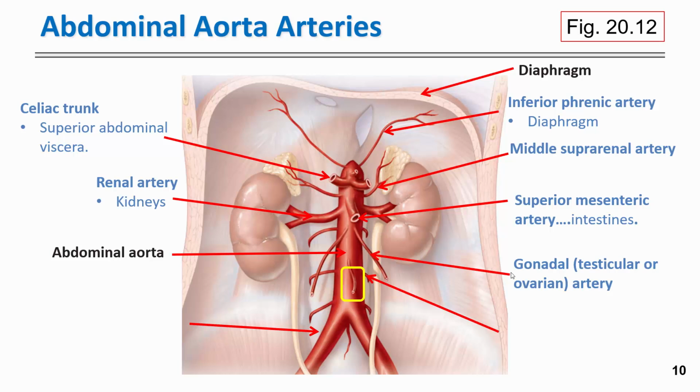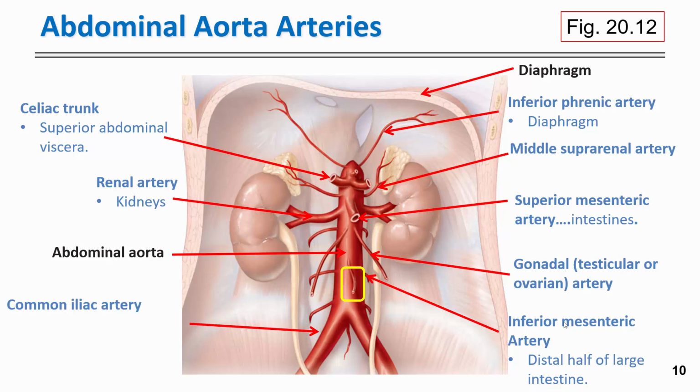Further branches, as you can see here, we have the gonadal artery, which supplies oxygenated blood to the reproductive organs. The inferior mesenteric artery, being a small branch, as you can see illustrated as we move more inferior along the abdominal aorta, supplies oxygenated blood to the distal half of the large intestine.